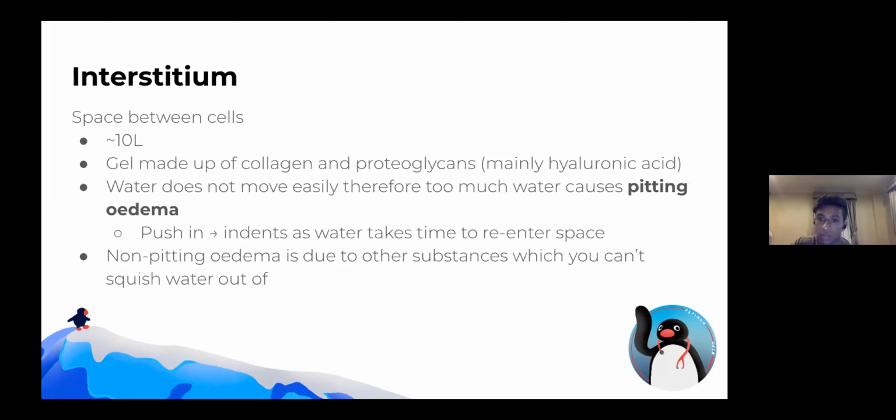If there's too much water, it causes pitting edema. Pitting edema is when you press in and it indents. That's because water takes time to re-enter the space. Whereas non-pitting edema is due to other substances that you can't push water out of, like thyroid diseases, but you don't have to learn that right now.